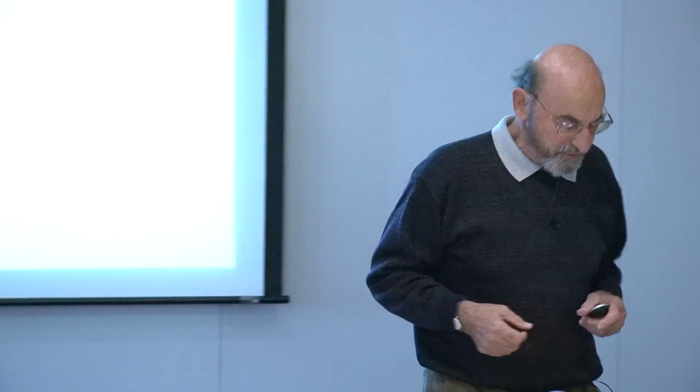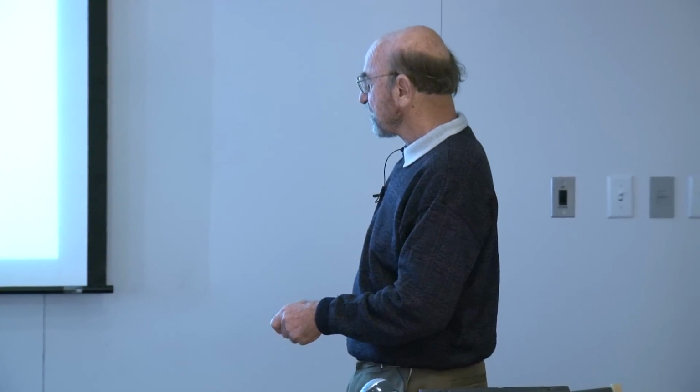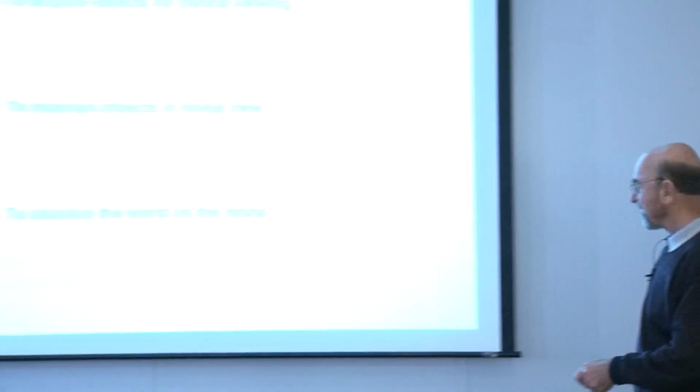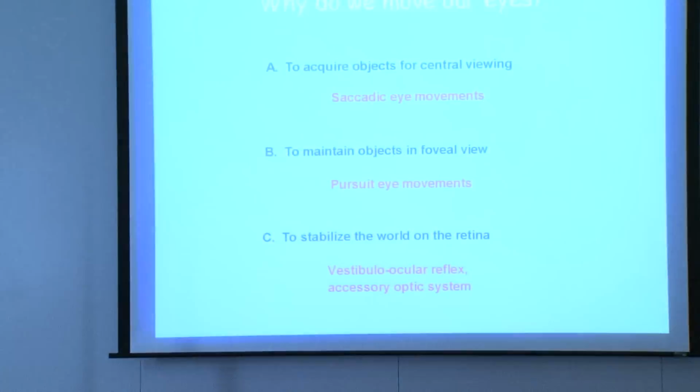So that is what we're going to talk about. Actually, that part we're probably going to talk about in the next to last lecture, not next time, but the time after, when we talk about the accessory optic system a bit. All right, so just to reiterate, we're talking about the vestibular reflex and the accessory optic system.